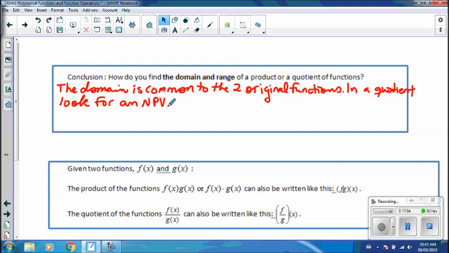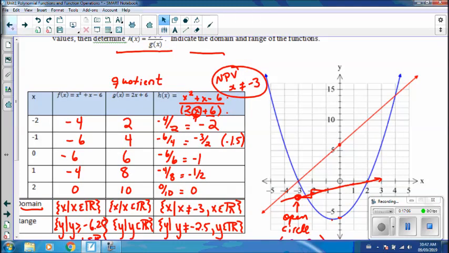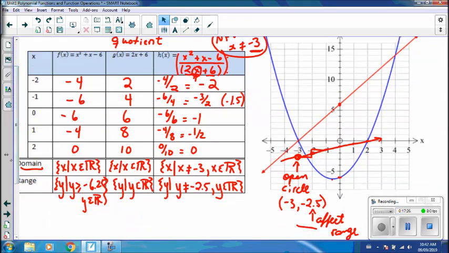If I put this function as it is into my calculator, and then I look at the table of values, I'll see an error spot in the table of values for this function at the point where x equals -3. It will not let x equal -3. And similarly for y, it will not be equal to -2.5.